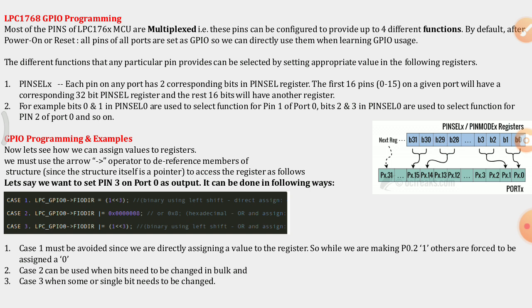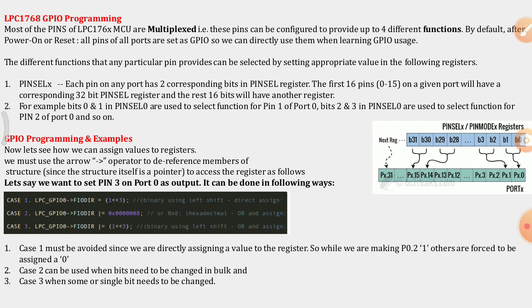Now if I want to select a particular function for a single pin, that is selected by the following registers. One is PINSELX. Here each pin on any port has two corresponding bits in the pin select register.